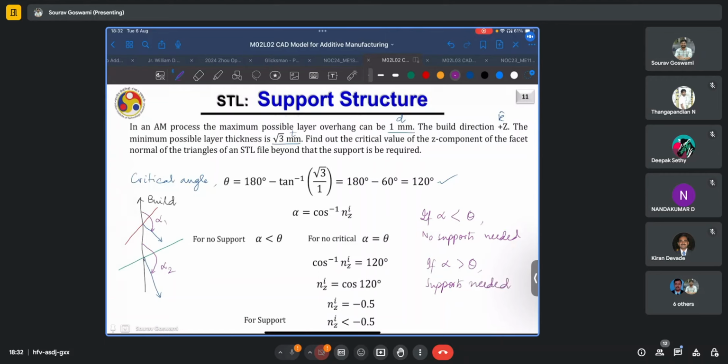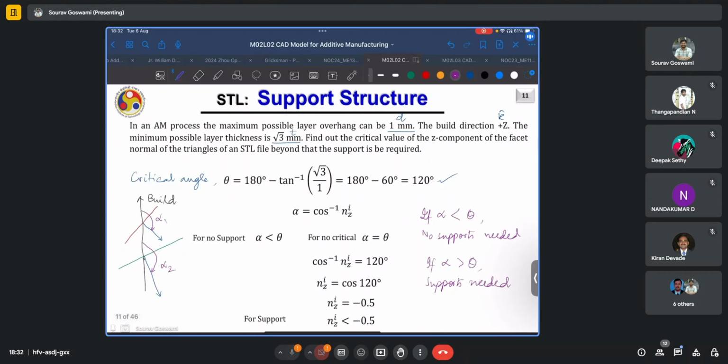Here we found this critical angle to be 120 degrees. So we calculate the angle alpha for the given case. We're not even required to find it, it's just the criterion. So the cos inverse of the z component of the facet normal in the critical case will be equal to 120 degrees.